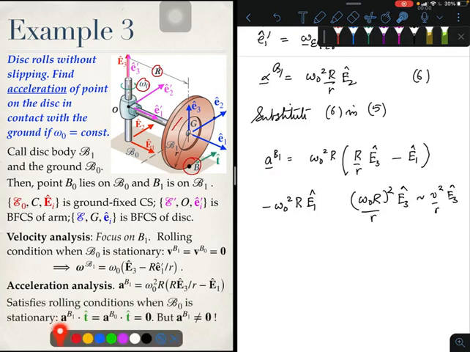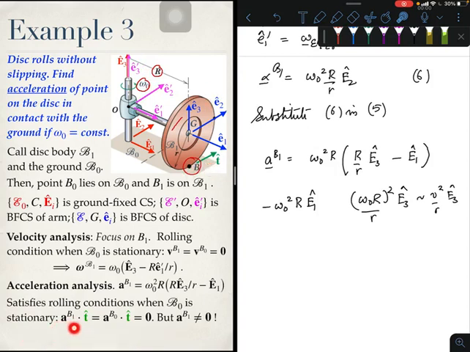It is easy to see that this answer for AB1 satisfies the rolling condition when B0 is fixed, which it is in our case, because AB1 dot t is the tangent vector along the contact path. The contact path will be a circle of radius capital R, so the tangent will be along E2.